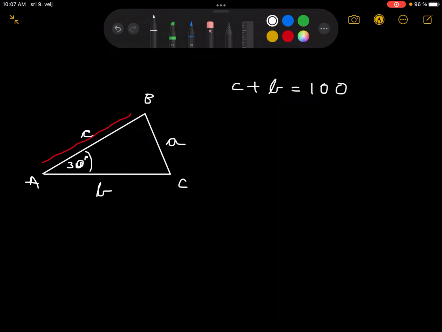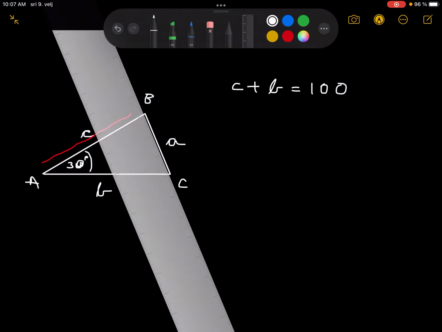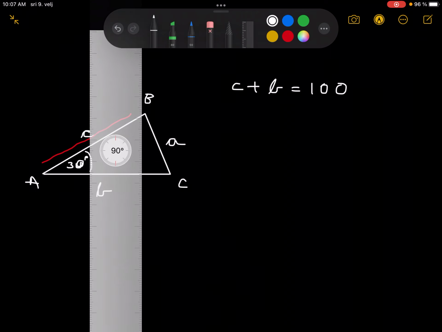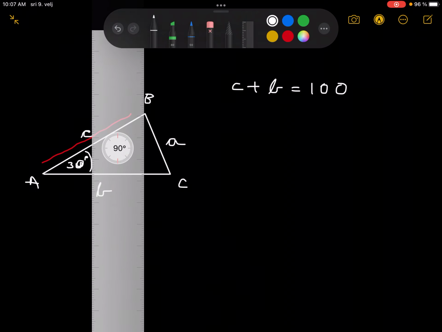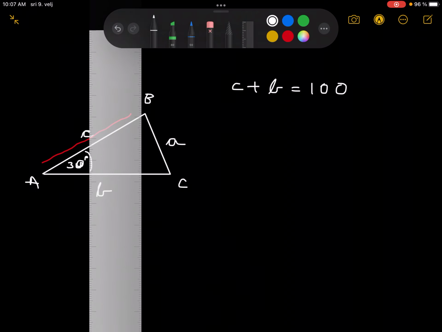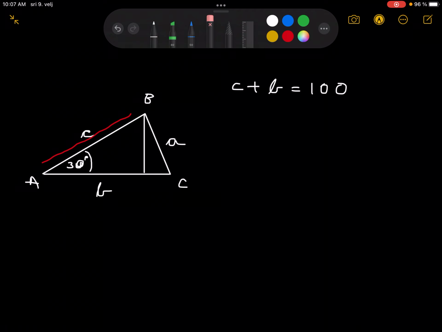Okay, so how do we go about doing this? Well, I'd like to start by taking my trusty ruler, and I'm going to place it at 90 degrees right here. Okay, and this is the height, I'll just call it h, of our triangle.